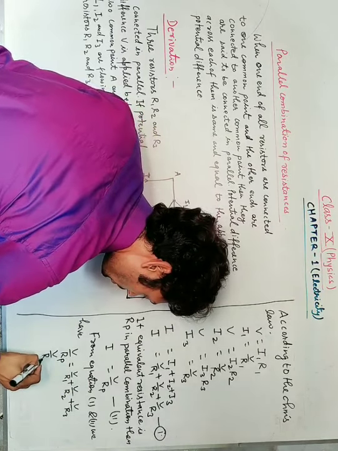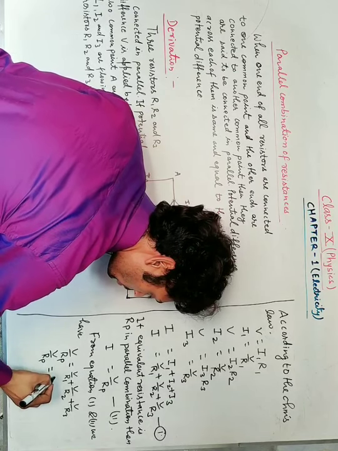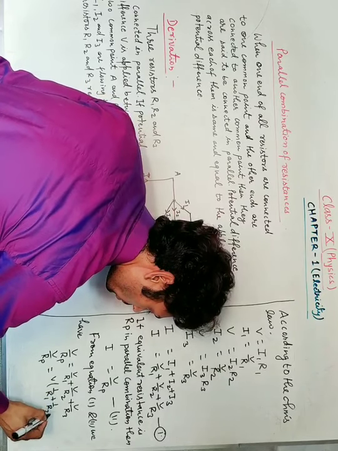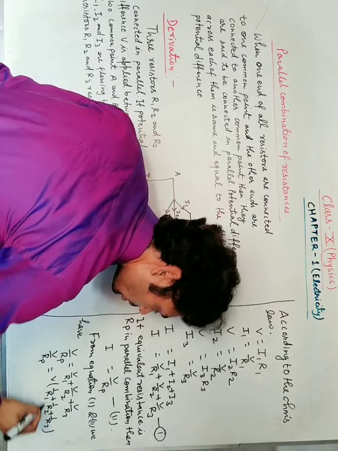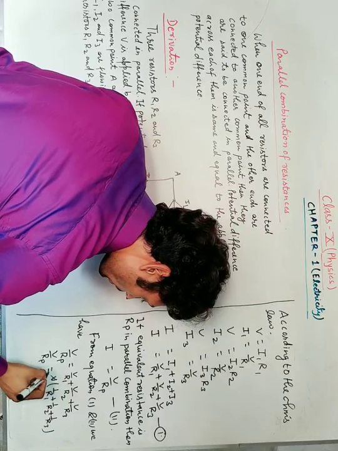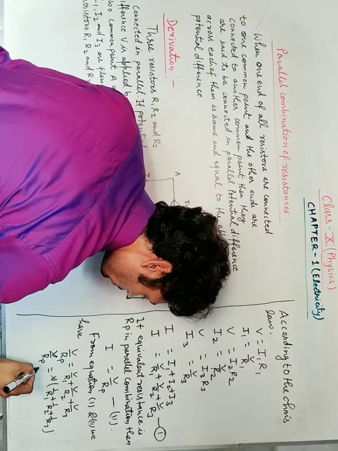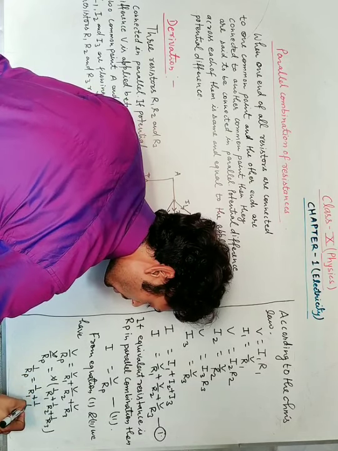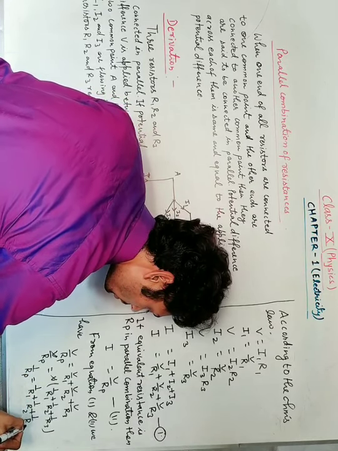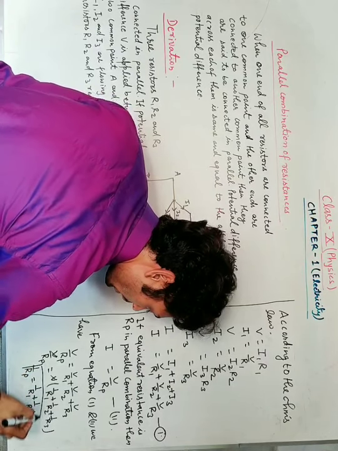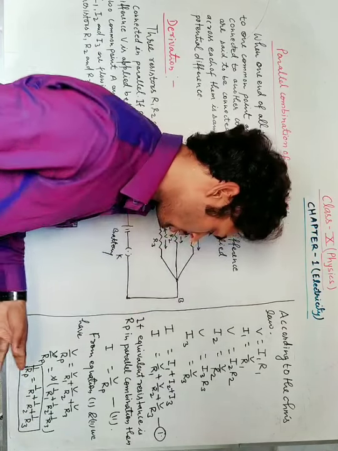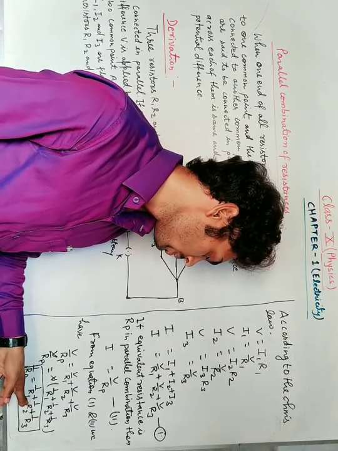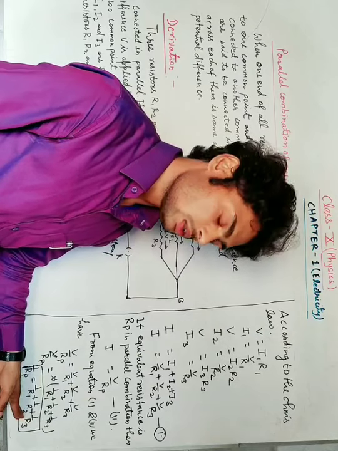Taking V common, we have 1 upon R1 plus 1 upon R2 plus 1 upon R3. Here V and V cancel, and we have 1 upon Rp equals 1 upon R1 plus 1 upon R2 plus 1 upon R3. This is the parallel combination of resistors.